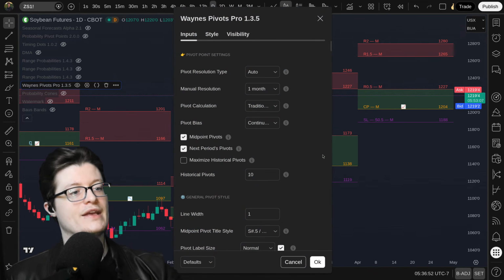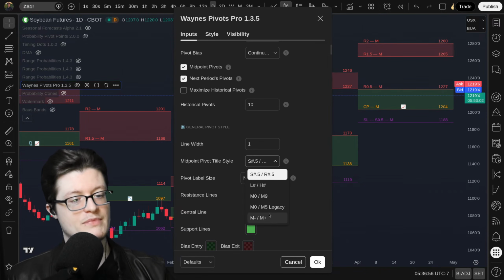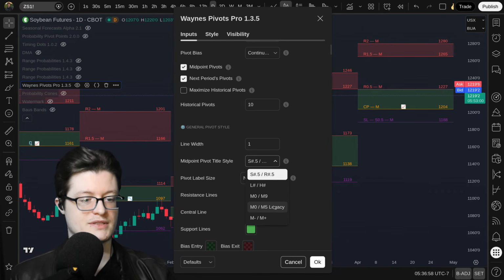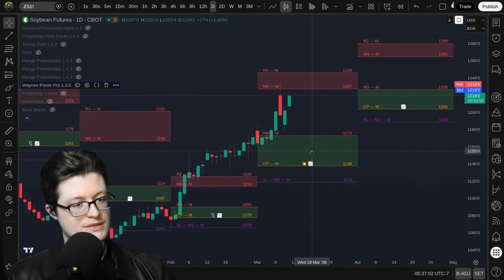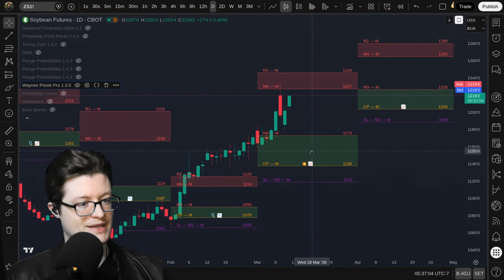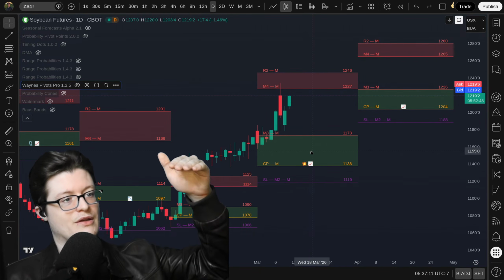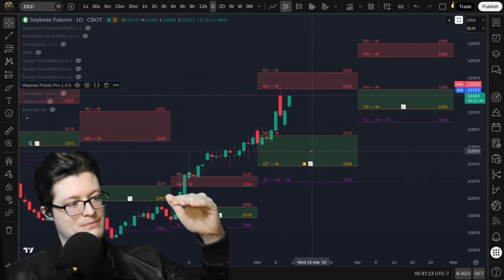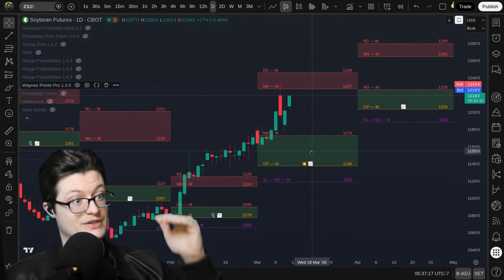I use the R0.5 midpoint pivots, but there are other midpoint pivot styles, and there's the legacy M0 to M5. If you see someone using this, it's just the legacy version with M3. The M styling goes M5, M4, M3, M2, from the top down in decreases.